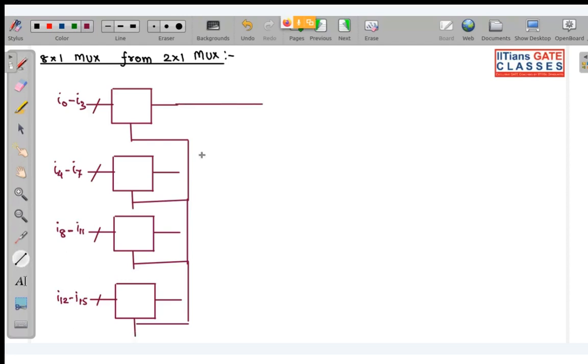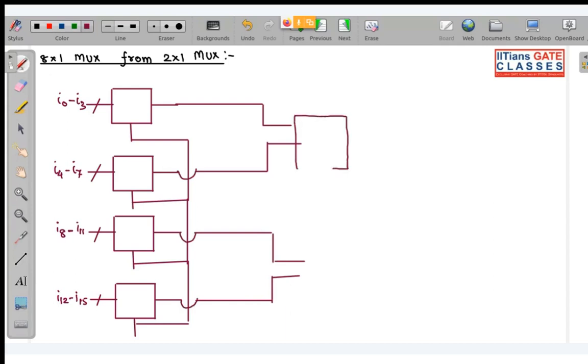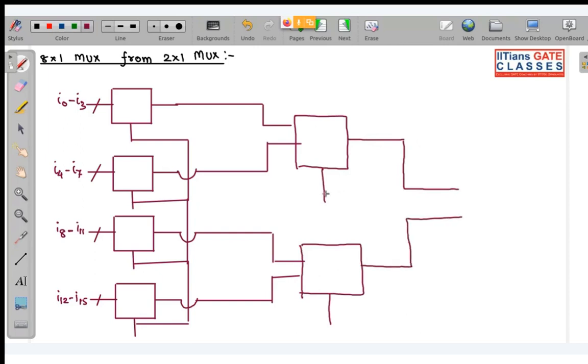So this output will be fed one by one to two more 2x1 muxes.